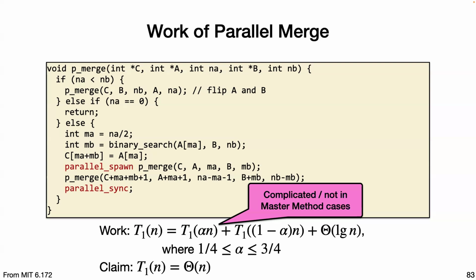And then the work, this extra part is log n because of the binary search. We do have some bound for this alpha, because similar to the argument that we made for the span, we know that it's between 1/4 and 3/4.